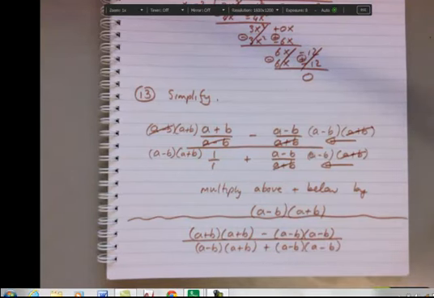What's important to notice here is that this part of the numerator and this part of the denominator, they don't cancel with each other. Okay. So I'm going to take that over onto the next page.